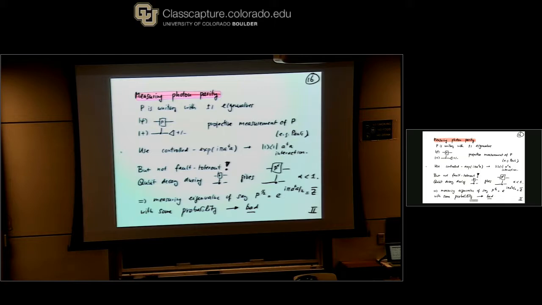I take the state, which is my oscillator in this case, I take an ancilla qubit in a plus state, I do controlled P, and I measure the qubit in the plus-minus basis. It's a very simple exercise to show that if you find plus, you've projected the state onto the plus 1 eigenspace. If you find minus, you have projected the state onto the minus 1 eigenspace.